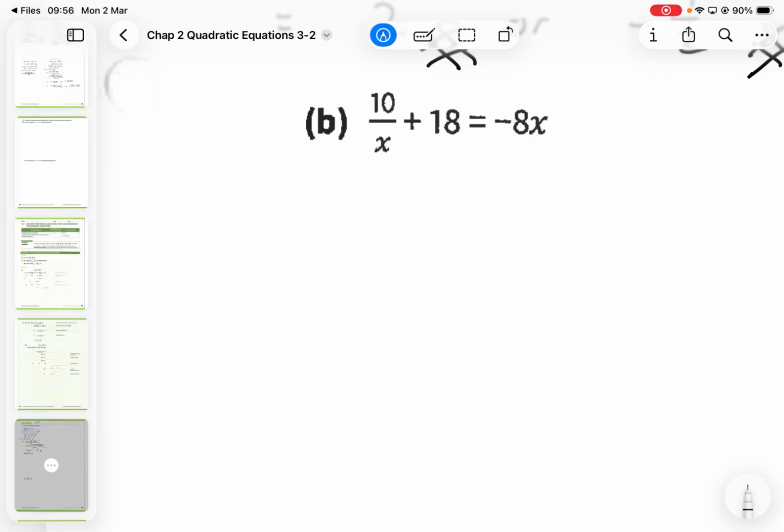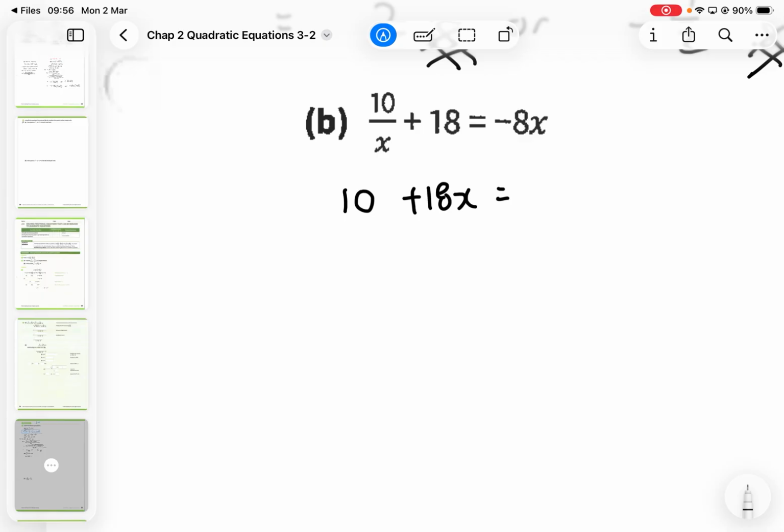When I multiply x to the left, the x will multiply the first term, cancel out the denominator, I am left with 10. When I multiply x to the left hand side, it will also multiply the second term. So x times 18, 18x.